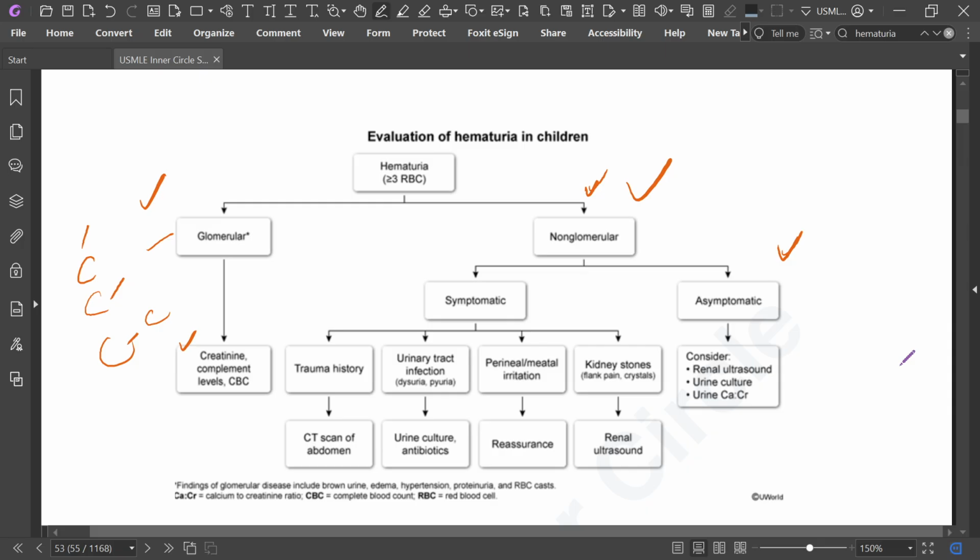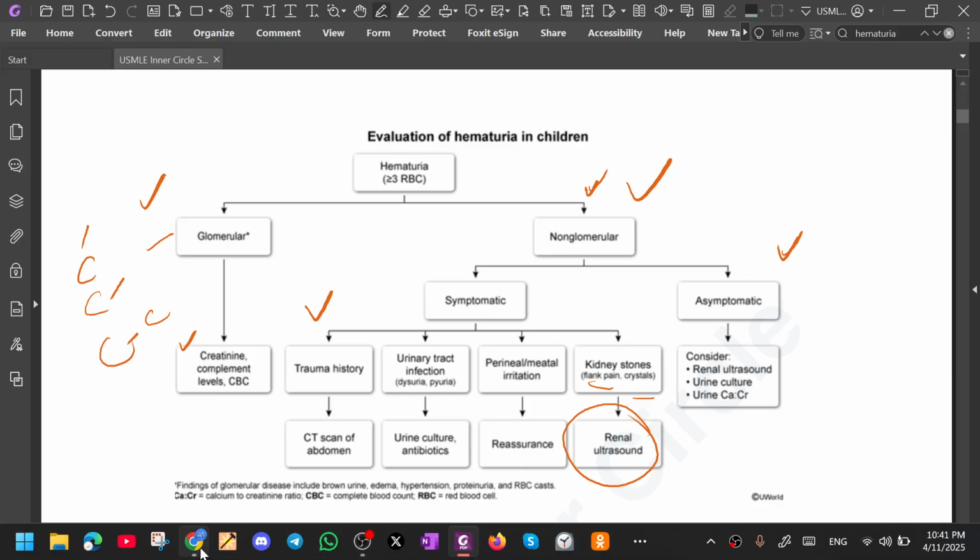For symptomatic: if there is a trauma history, do a CT scan of the abdomen. If UTI, do urine culture and give antibiotics. If there is perineal or meatal irritation, treat the irritation. And if there is kidney stone with flank pain or crystals, then renal ultrasound should be done.